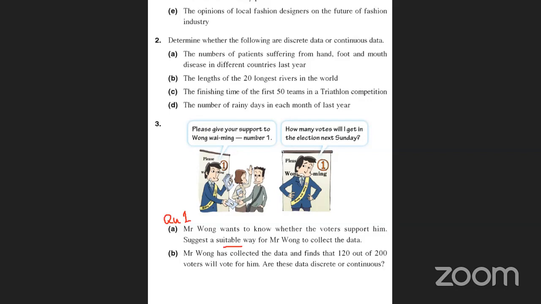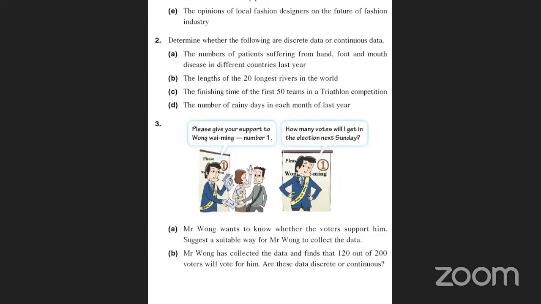Please give your support to, how many votes will I get in the election next Sunday? This is the data he wants to know, the number of votes. And then for this one is similar to question 2. What type of data is it? The number of votes, okay? Right. Then you know how to do number 3, right?